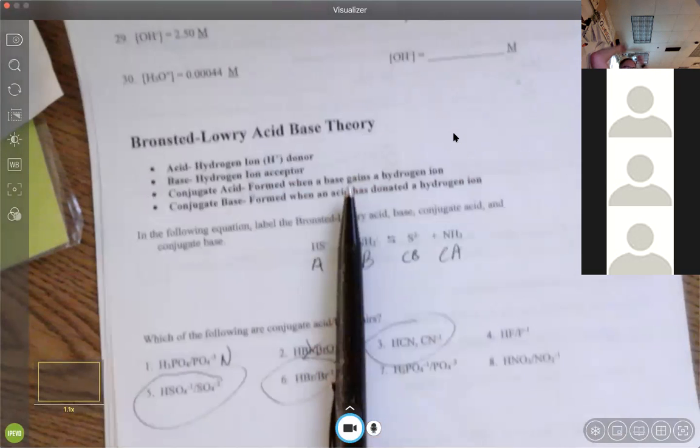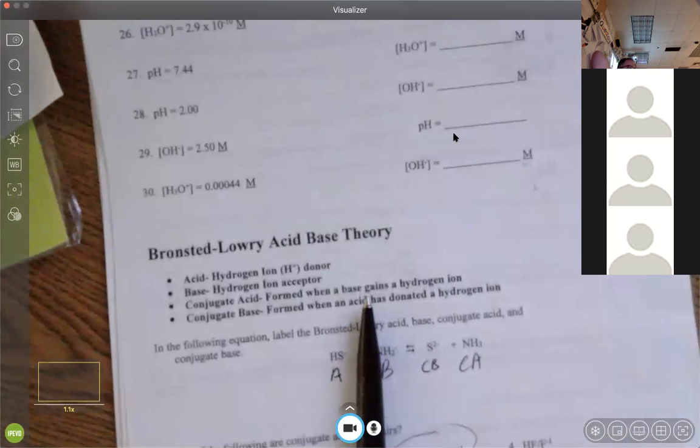Now the cool thing is that an acid will form a base, because the only difference between an acid and a base is one hydrogen. So if I'm an acid and I lose a hydrogen, I give that hydrogen to something else. Well, if I take that hydrogen back, that's the opposite of giving it. Instead of being an acid, I would act as a base if I'm taking that hydrogen back.